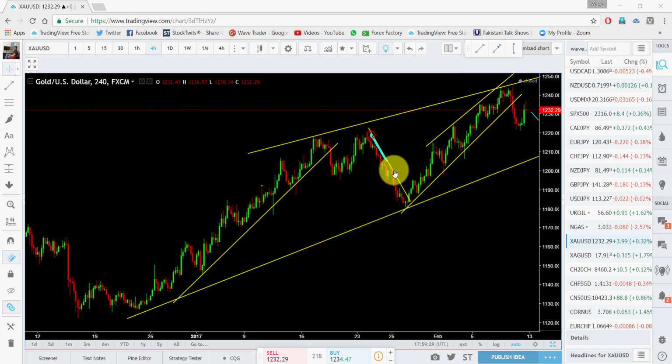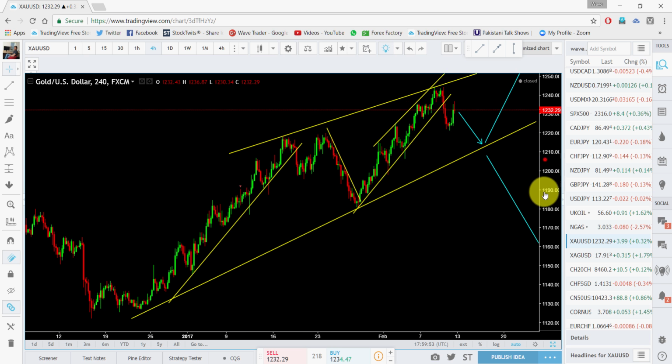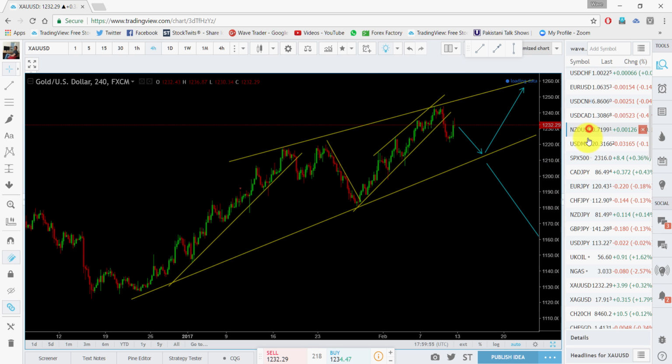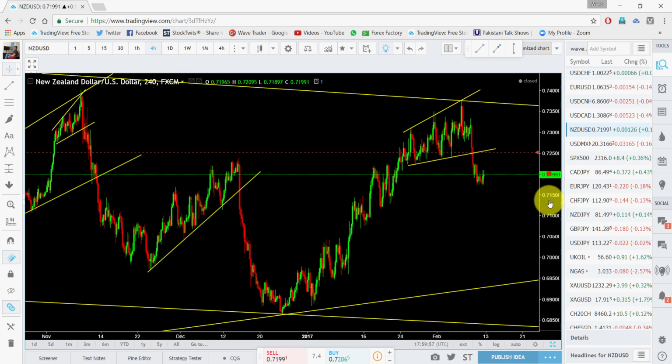We were anticipating this flag to break to the downside, it didn't break down, and price formed a new high. Here at this place, new high, and we were anticipating another test at this place, and we were looking for sell. We didn't get any strong price action here, although there was a continuation pattern on lower time frame, and price pushed to the upside. So this scenario can form over there on New Zealand dollar.